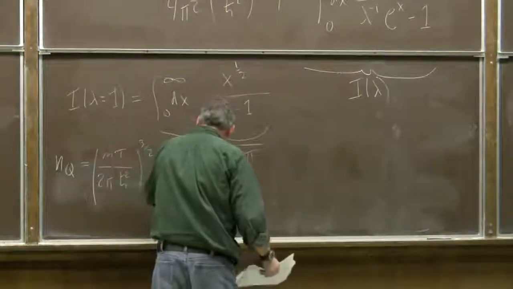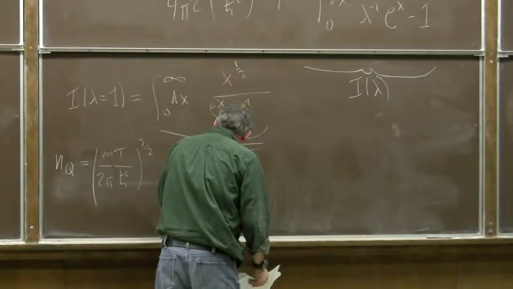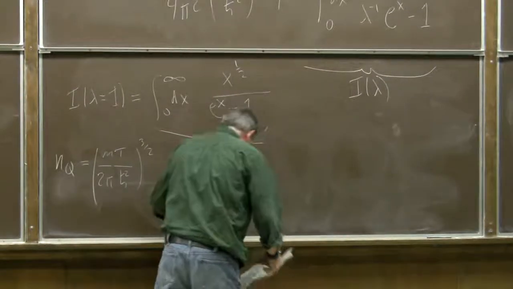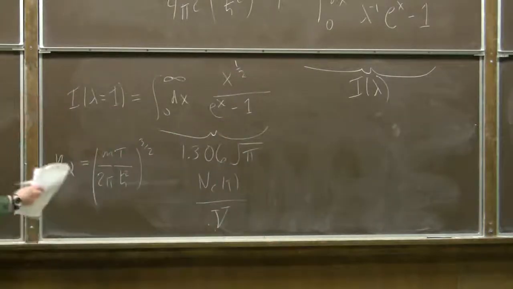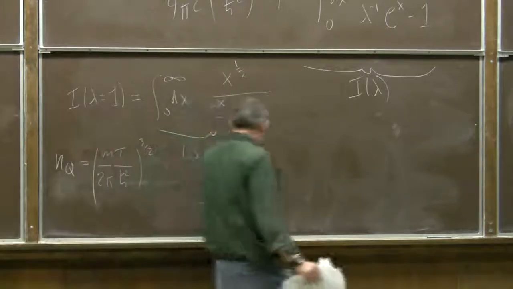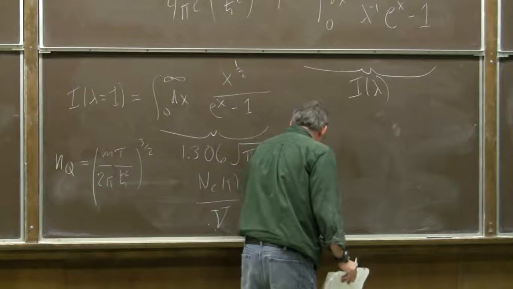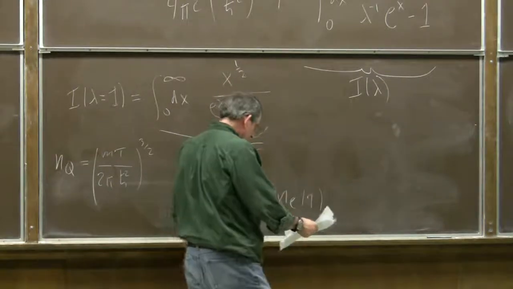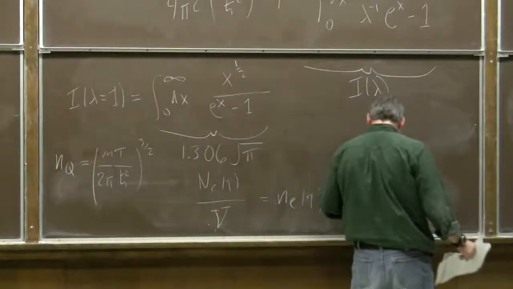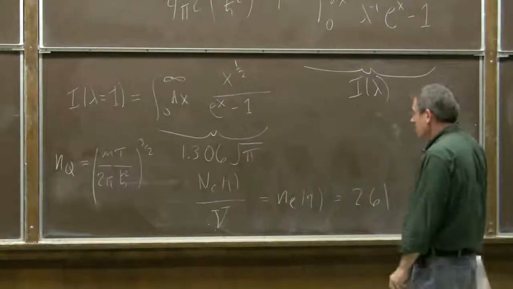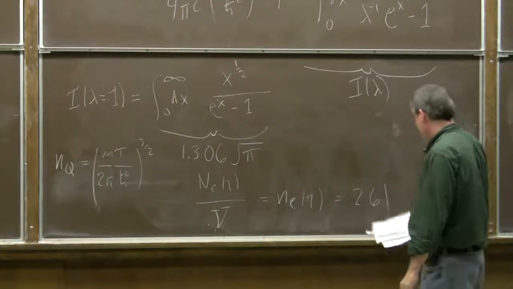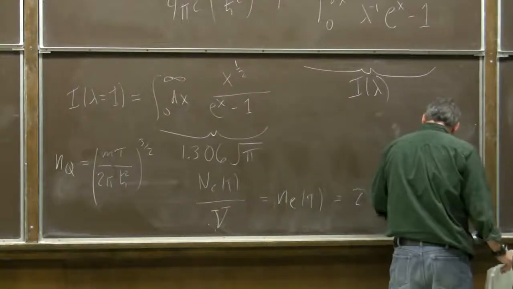So if I divide by the volume, the number in excited orbitals per unit volume, the excited concentration as a function of temperature, I can write as 2.61, it's that 1.306 times 2, and then I have a factor of the quantum concentration n_Q.